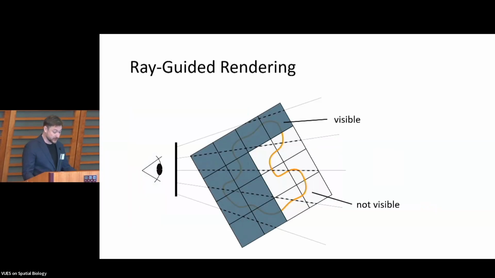For this purpose, state-of-the-art approaches employ ray-guided methods, which make use of the fact that the rays don't travel through the whole volume, as you can see here. Instead, some bricks might not be visible because of the current viewpoint or occluding structures in the volume. Ray-guided methods record those bricks that are visible during rendering and stream them to the GPU, where they are stored in a brick cache.